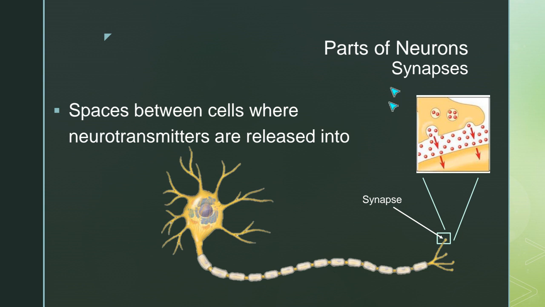So neurons don't touch each other, right? The electrical signals that are sent from the cell body down the axon to the axon terminal, that is a signal that happens within the neuron. So that is the neuron's way of communicating with itself, basically.